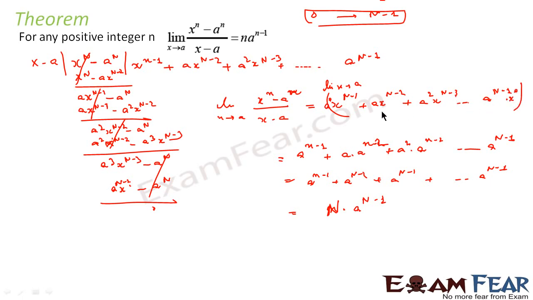So we observe that the power of a is increasing by 1 and power of x is decreasing by 1. And then since we wanted to find the value of x tends to a, we have put x equal to a here, and we have got this value as n a to the power n minus 1.